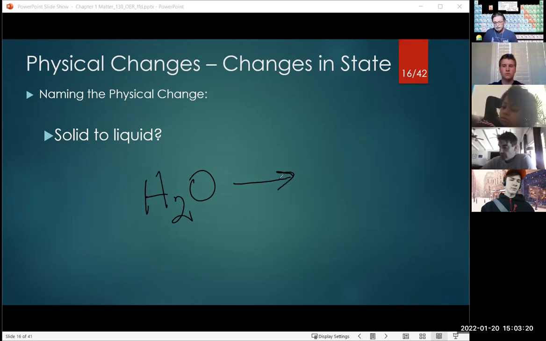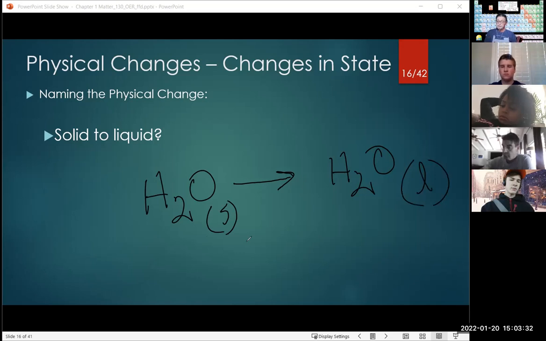In this case, it remains H2O. So if we have a solid, we put in parentheses S for solid, and we heat it up, that solid, which is ice, now becomes liquid, okay? And it's still H2O. Nothing has been done to it chemically. The only thing that happened to it is its physical state has changed to a liquid.